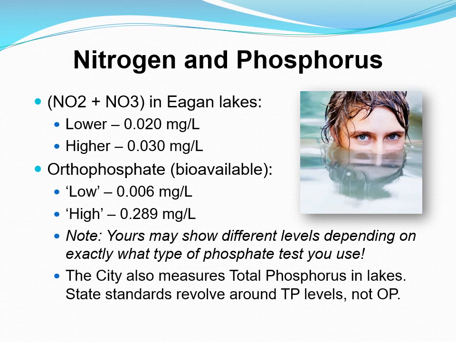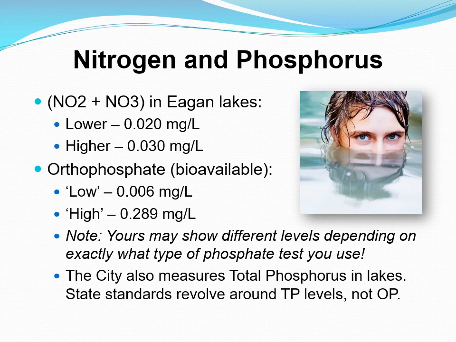Another thing that we measure is orthophosphate, and you guys might call it phosphate. There might be different levels of this, depending on exactly which test you're doing. Over the years, we've had a lot of trouble comparing our data, so I don't want you to freak out that your data doesn't look exactly like mine. I would say report what you have and talk about where phosphorus comes from in your report, and don't worry too much if it's a lot like mine or not.